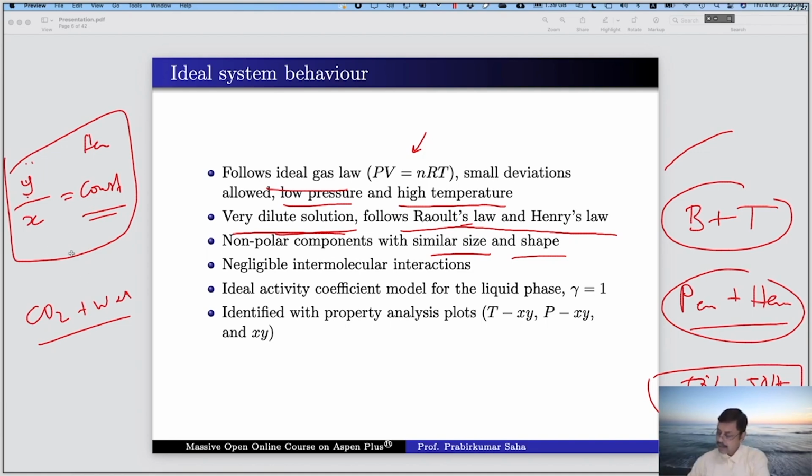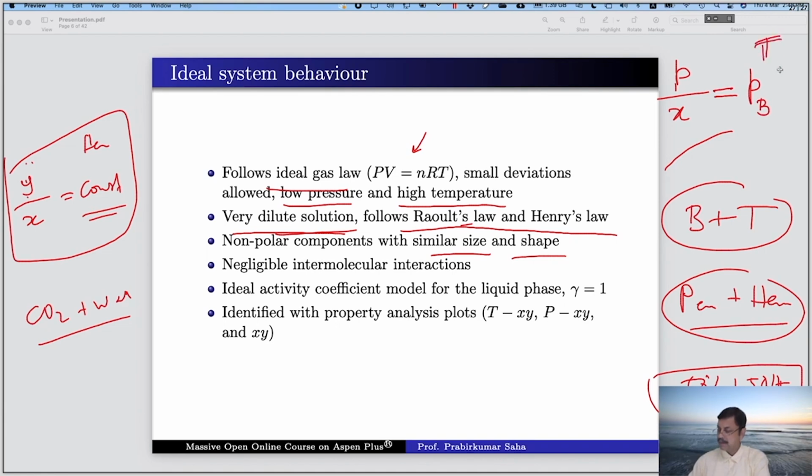In such a situation, for the benzene toluene system, the partial pressure of benzene in the vapor phase divided by the mole fraction of benzene in the liquid phase is equal to the vapor pressure of benzene at that particular temperature.